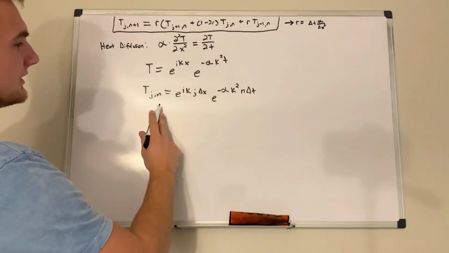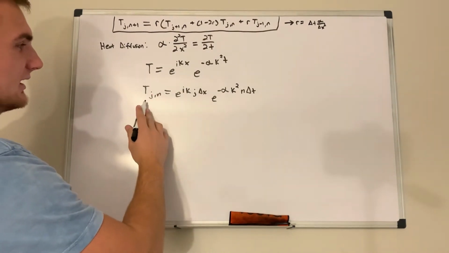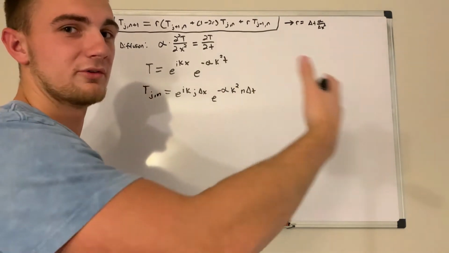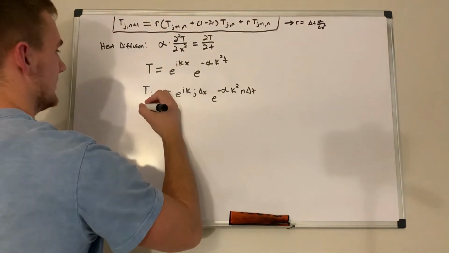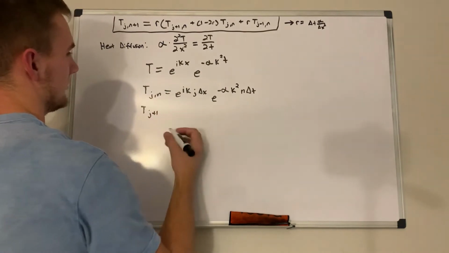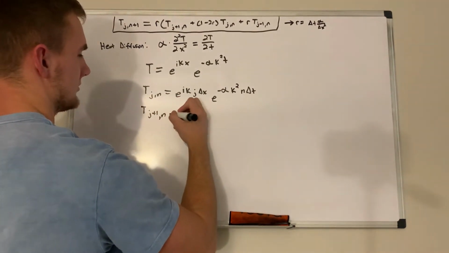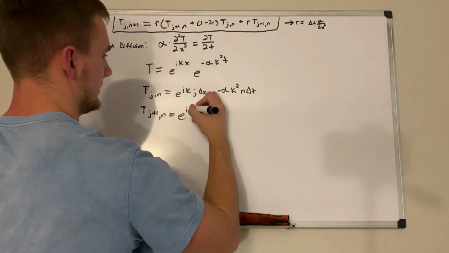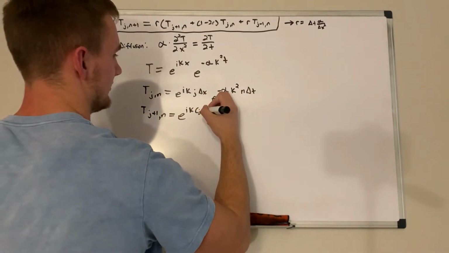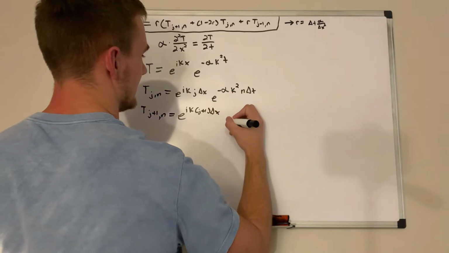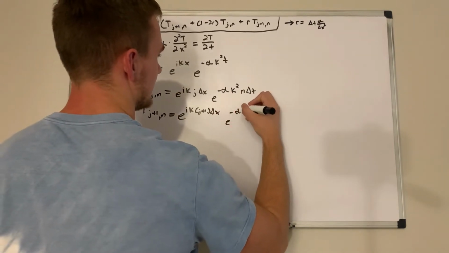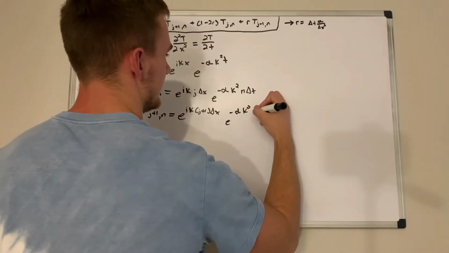Now we also will need to get T at j plus 1, so one to the right. All we simply have to do is change j here. So e to the i k (j plus 1) delta x, e to the negative alpha k squared n delta t.